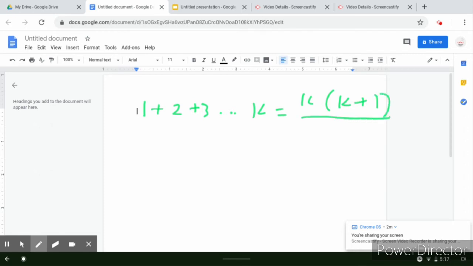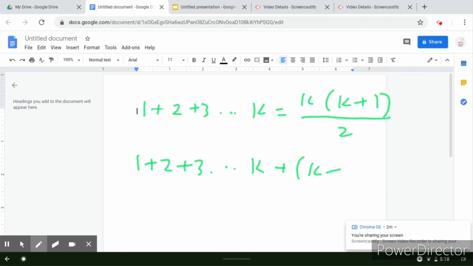We're only assuming this, but it is just a step in the induction process. Since we are assuming this is true, we can now use k plus 1 in this sequence. Let's rewrite the sequence with k plus 1. You have 1 plus 2 plus 3 all the way to k, but then we also have k plus 1.